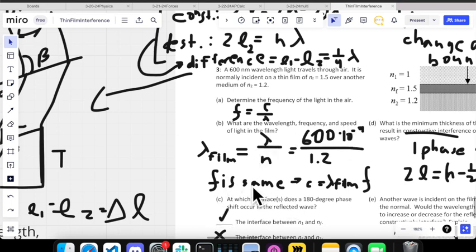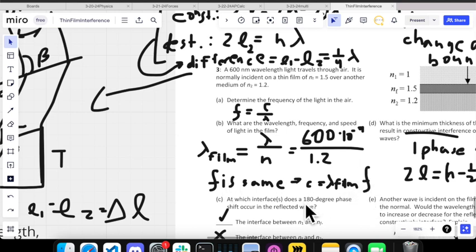This kind of comes from the fact that the ratio of velocities, if I remember correctly, is the ratio of the indexes. And so using that relationship, we can come to the conclusion that the frequencies need to be the same.